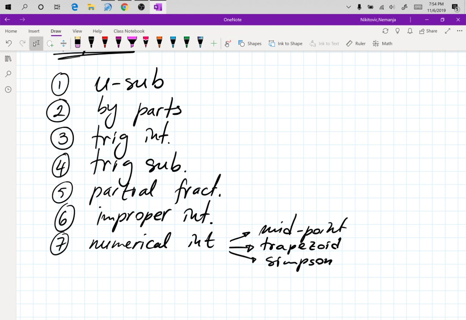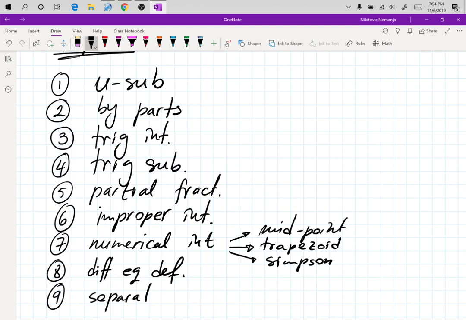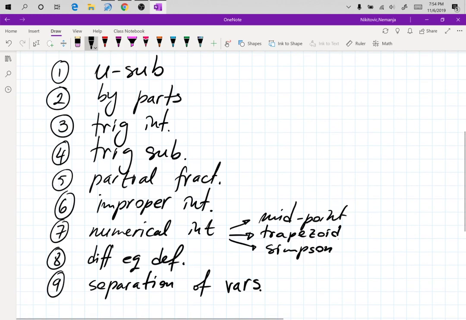And then number 8, I think that's it for chapter 8, right? Chapter 9, differential equation definitions, and number 9, separation of variables, and that's it.